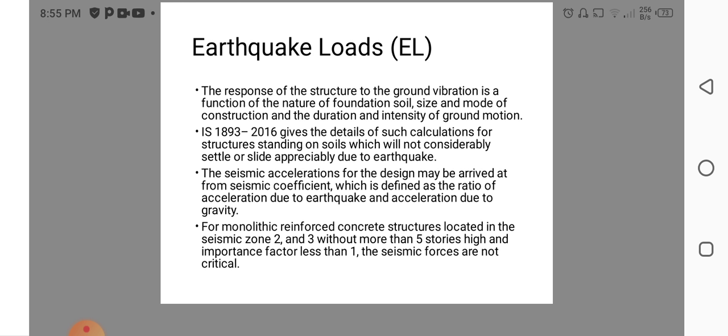Response of a structure to the ground vibration is a function of the nature of foundation, soil, size and mode of construction, and duration and intensity of ground motion. These earthquake load calculations are given in IS 1893 2016.